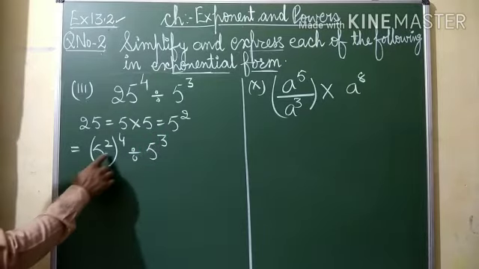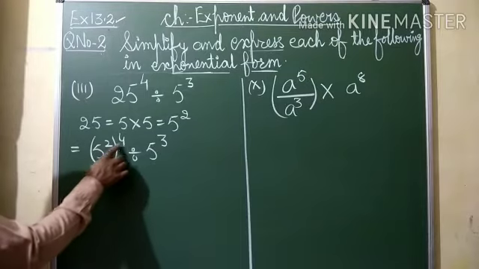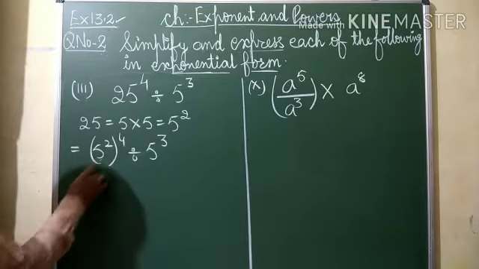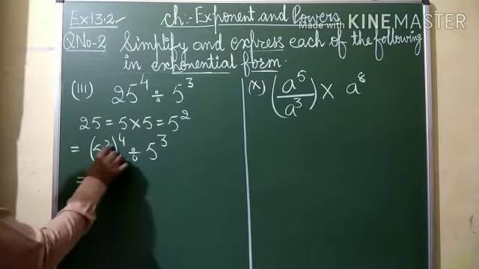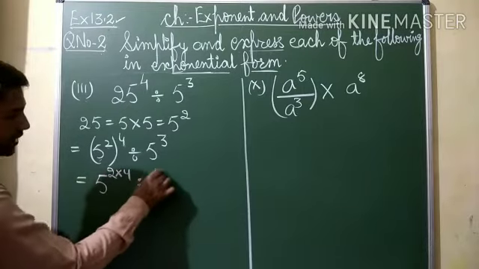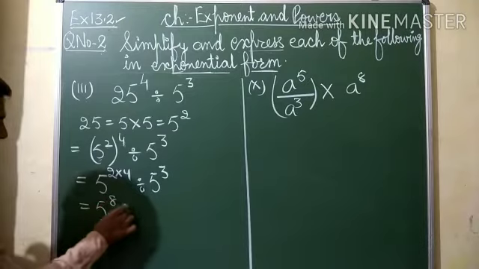Now here we can see that 5 raised to 2 whole raised to 4 is the case of taking power of a power. So we get 5 raised to 2 times 4 divided by 5 raised to 3.